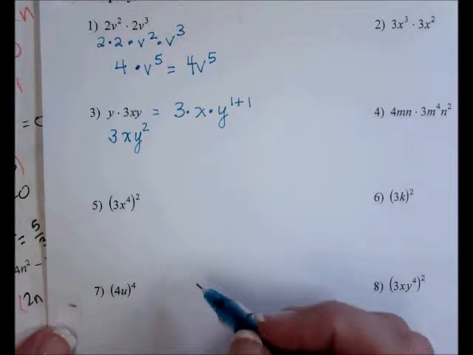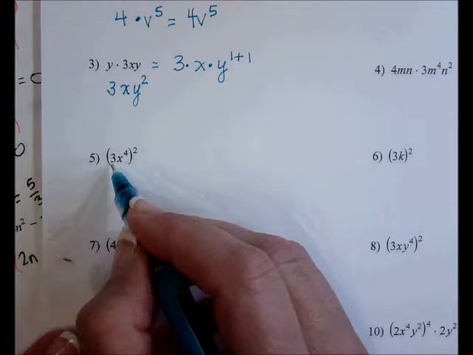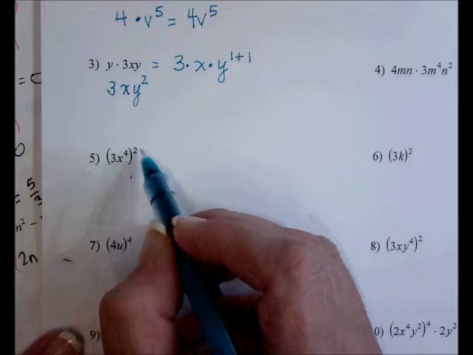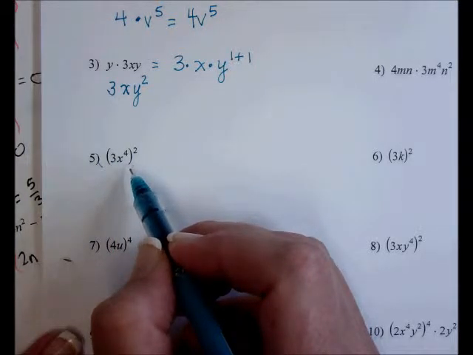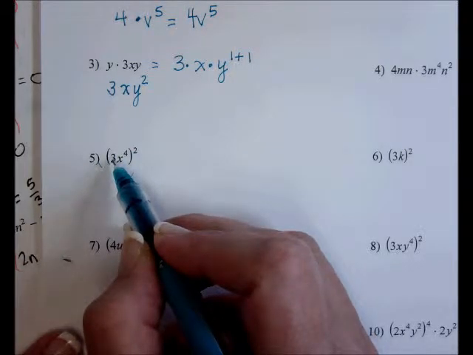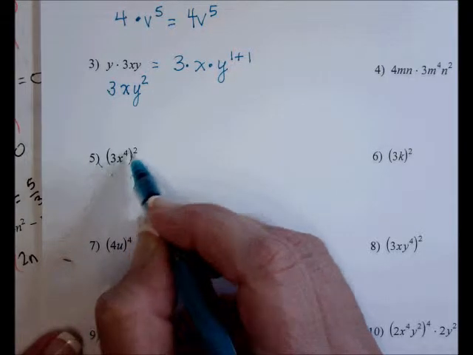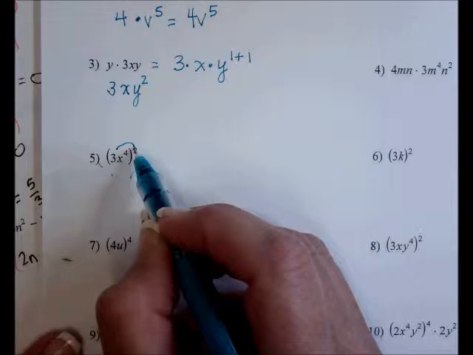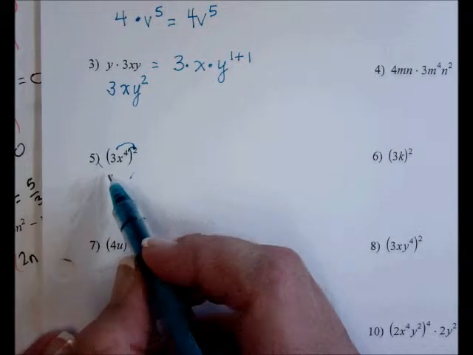Okay, moving on along to the 5th one here. I have a product to a power. So if I have a whole product to a power, the term inside the parentheses, I'm going to take every single part of it to the second power. So I'm going to distribute the squared to the 3, and the squared to the x to the 4th.